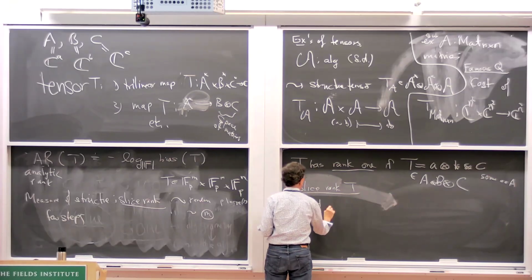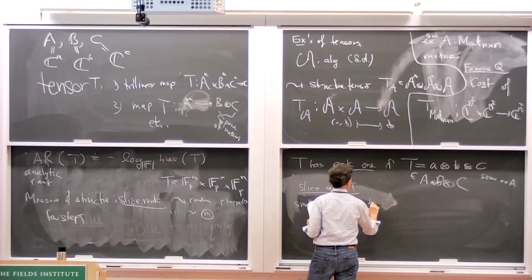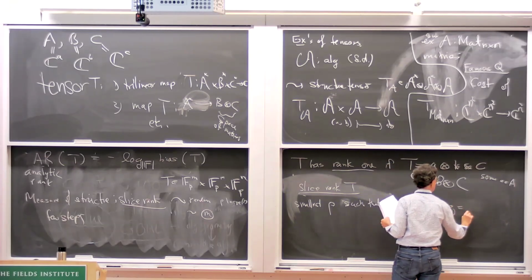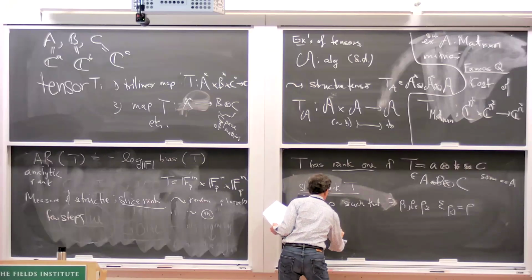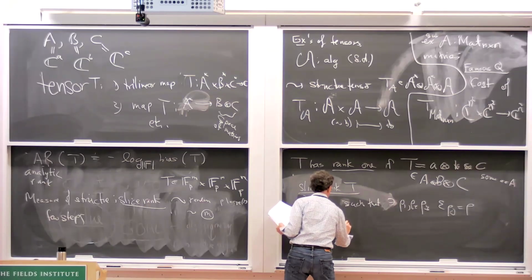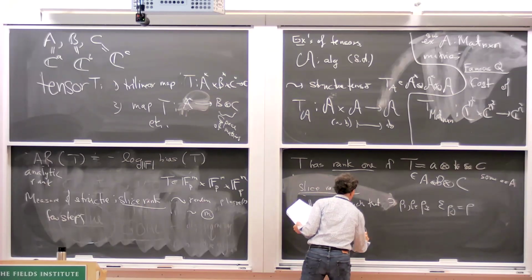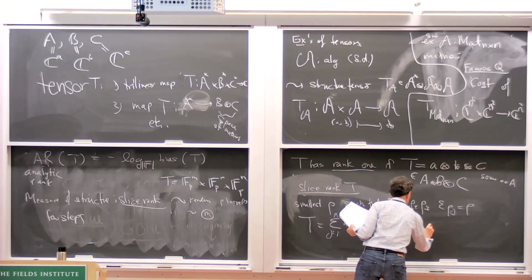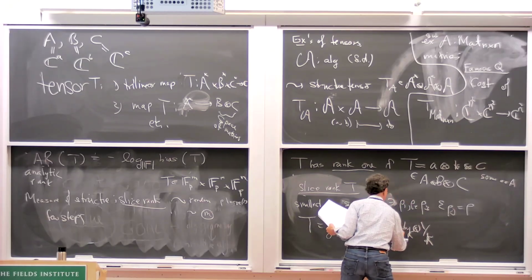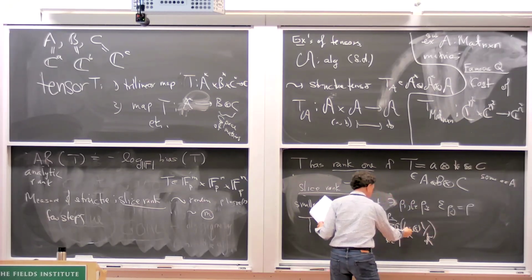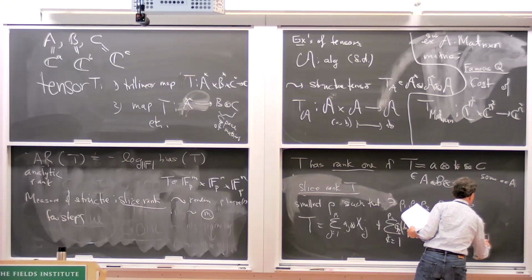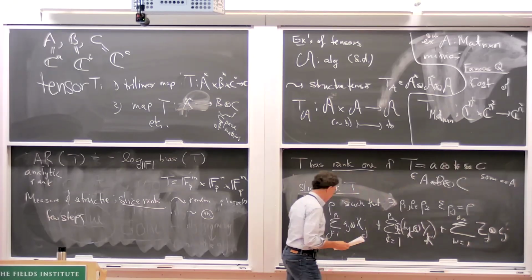It's the smallest rho such that there exist rho 1, rho 2, rho 3 summing to rho, so that T is equal to the sum over j equals 1 to rho 1 of a_j tensor x_j, plus the sum over k equals 1 to rho 2 of b_k tensor y_k, and maybe I need to do a permutation here so that we have the A, B, and C orders, plus the sum over l equals 1 to rho 3 of z_l tensor c_l.